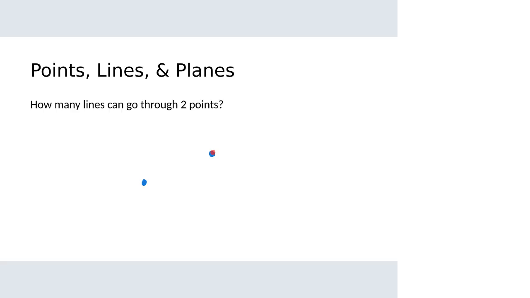As far as these 2 points go, there's only one line I can draw that goes through those 2 points. That's it. There is no other line I could draw. So when I have 1 point, I can draw infinitely many lines through it.